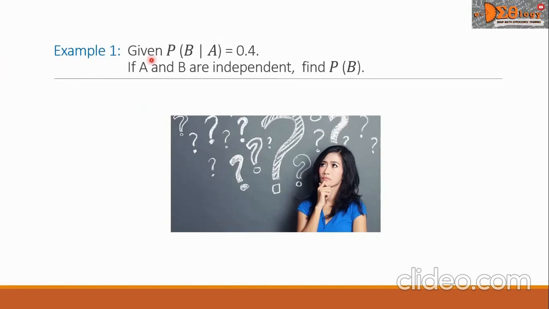Example 1. Given the conditional probability of B given A equals 0.4.